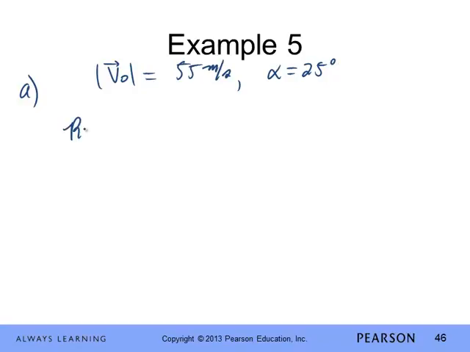Oh, they want us to calculate the range. The range is initial speed squared times sine of 2 alpha over g.